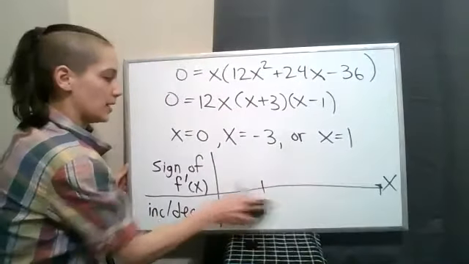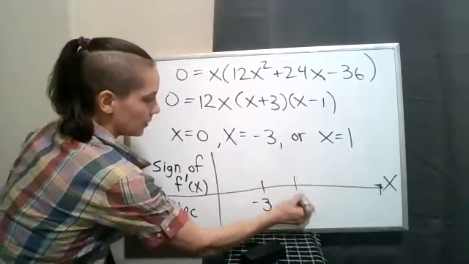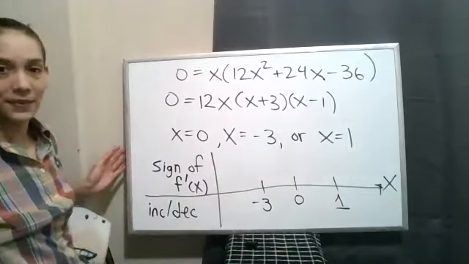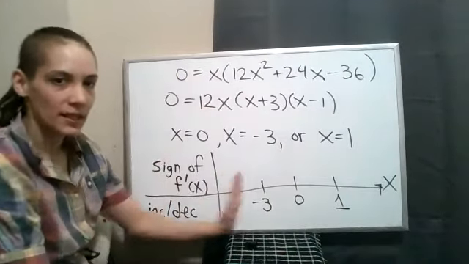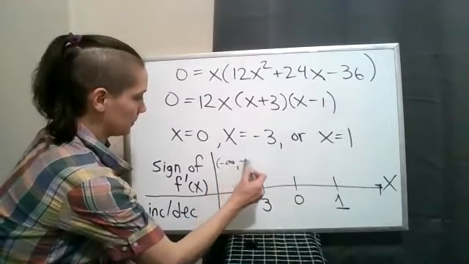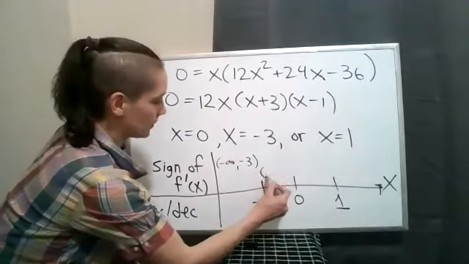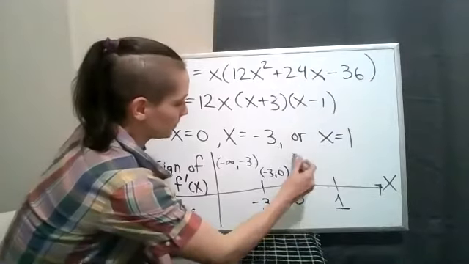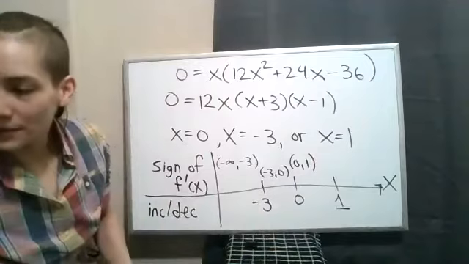Oh, negative 3, and 0 and positive 1. So the first interval goes from negative infinity to negative 3. Negative 3 to 0. 0 to 1. 1 to infinity.